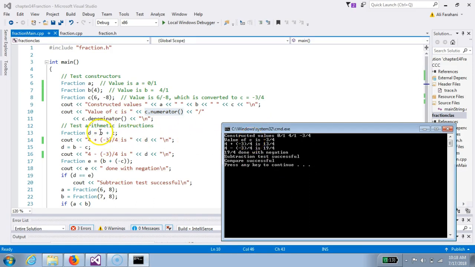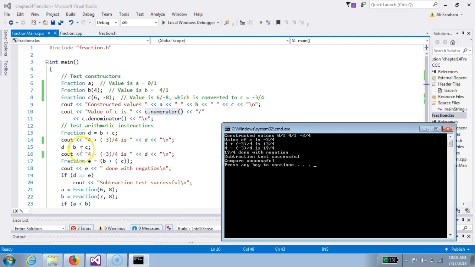We are adding 2 fractions, b plus c. The addition of b plus c, and here it is. 4, that was b, plus c, which is equal to negative 3/4, is equal to d. And the output is 4 plus negative 3/4 is equal to 13 over 4. That's the result that you're going to see.